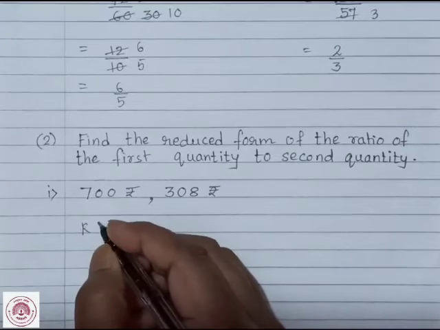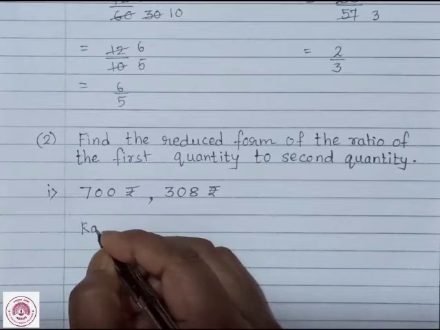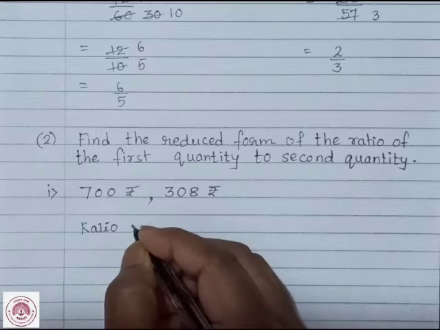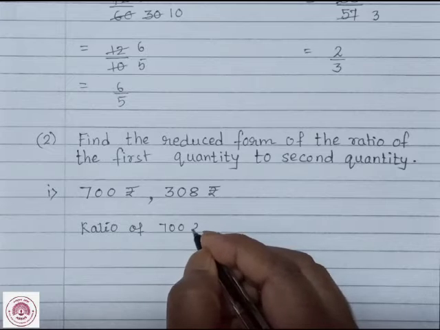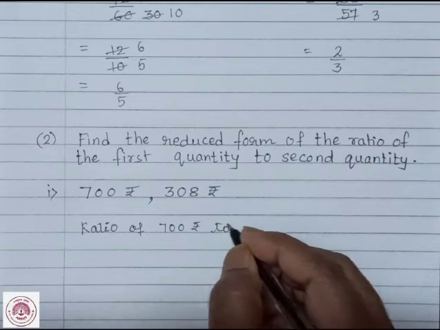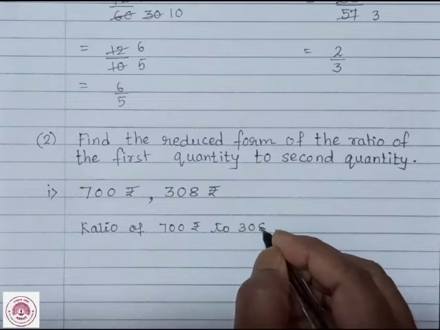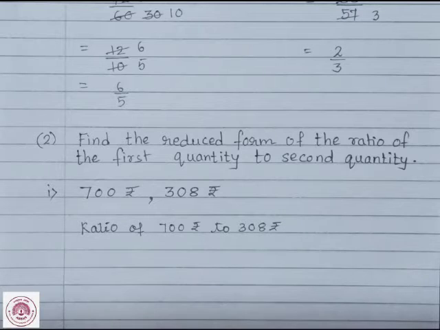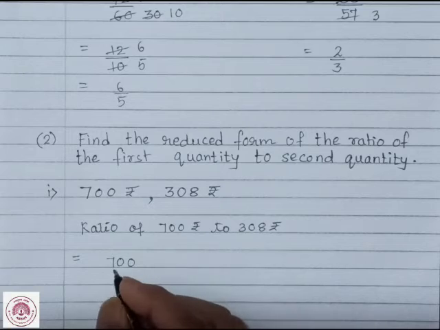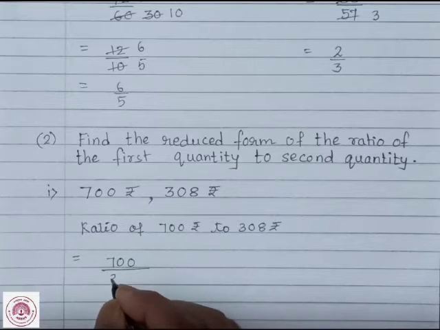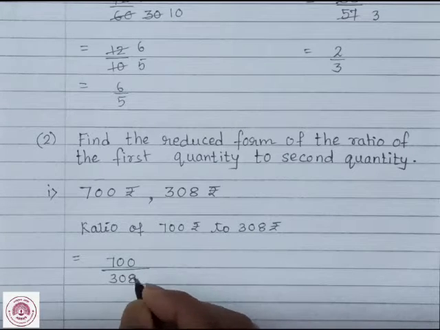So ratio of 700 rupees to 308 rupees. So this is equal to 700 upon 308.